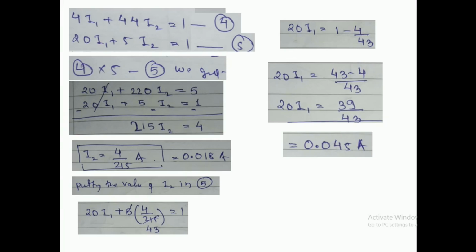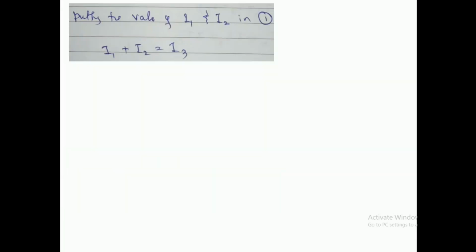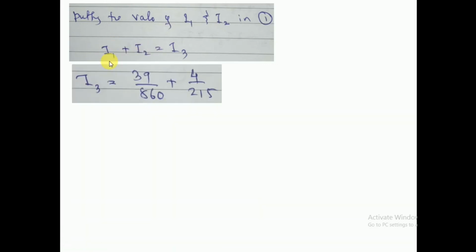Now using the first equation, you can put the values of I1 and I2 to get I3. So I3 is I1 plus I2. Putting the values, you will get the answer. So this is how we use Kirchhoff's laws.